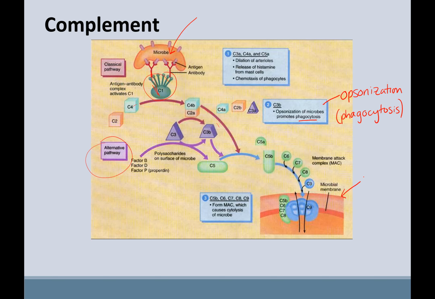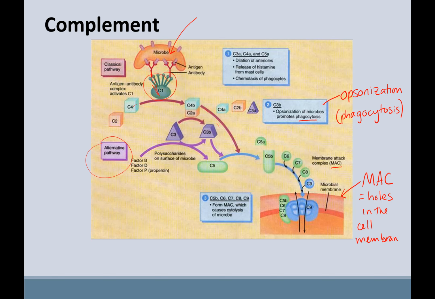If a microbe, particularly bacteria, are being targeted by a complement, you can get a MAC, membrane attack complex, which is basically punching holes in the cell membrane.